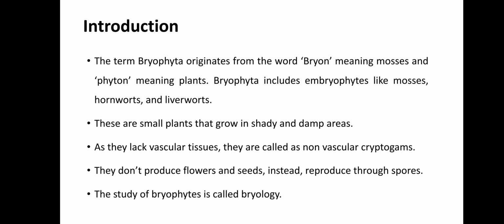So what is bryophyte? The term Bryophyta originates from the word bryon, meaning moss, and phyton meaning plant. Bryophyta include embryophytes. Embryophytes means those which can produce embryo, like moss, hornwort, liverwort. These are small plants that grow in sandy and damp areas.